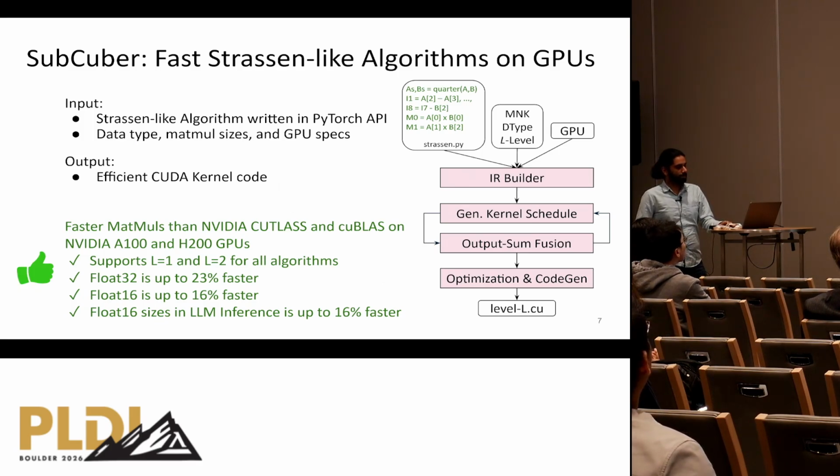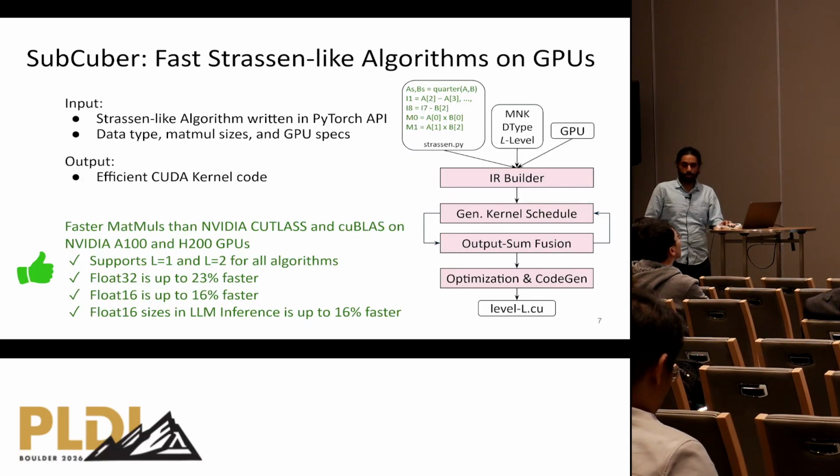So SubCuber is a compiler that takes a Strassen-like algorithm written in the PyTorch API. It will extract the graph of the PyTorch. It takes the data type, the matmul sizes, and the GPU spec, and outputs efficient CUDA code. And it has several passes: it generates an IR, it generates a kernel schedule, and does a lot of fusion to generate that code.